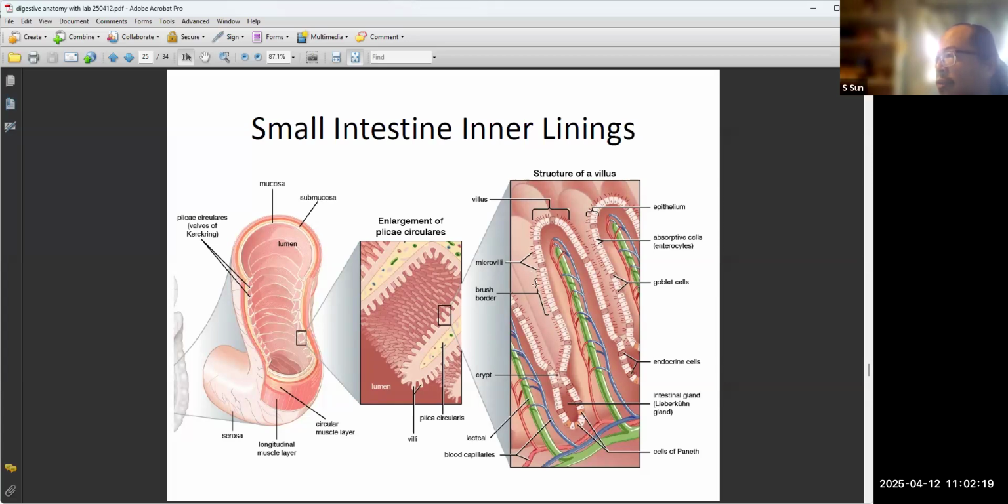It's also called the brush border, or brush border membrane, of this cell. Then things will get absorbed, go into the capillary, and then here's the lymphatic vessel. Then things can enter into our body.